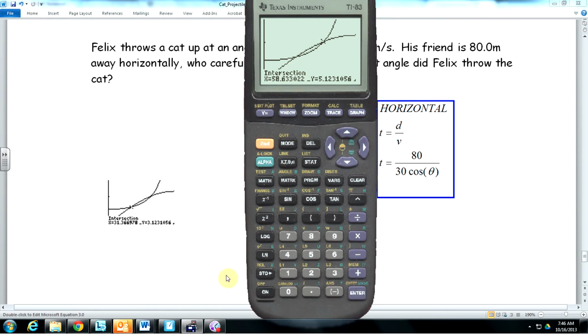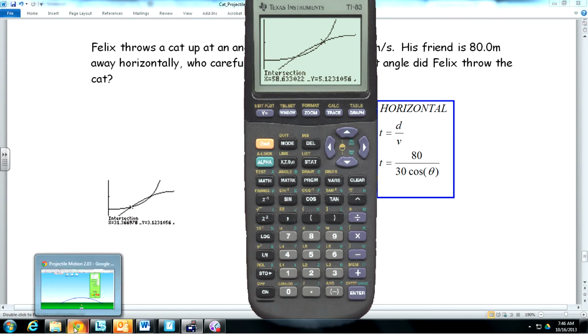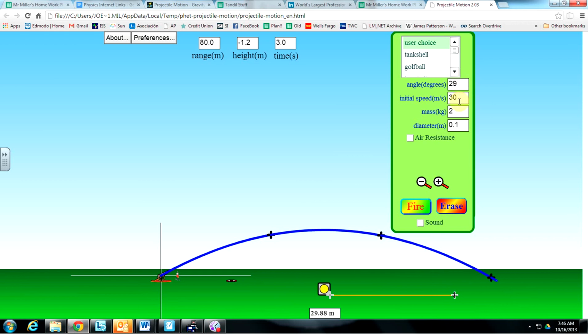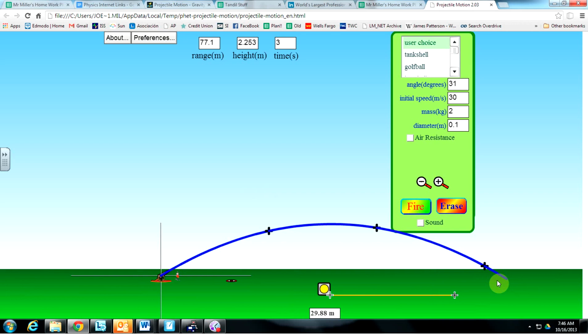Let's just take a second, and I'm curious if we can make this work out. So 31.3, initial speed of 30. If I go with 31, just say, I'll fire that. So here's the one, it's a shallow one.